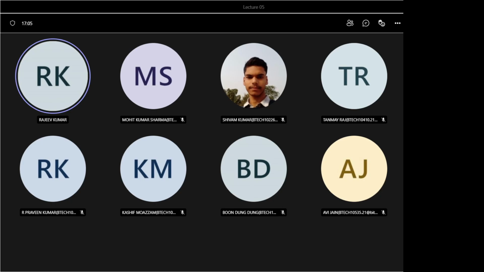Next, fifth point, reaction force generated from a hinge. Reaction force generated from a hinge or pin support has two components.